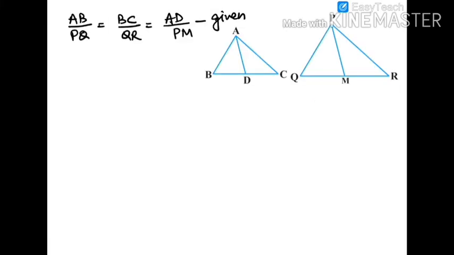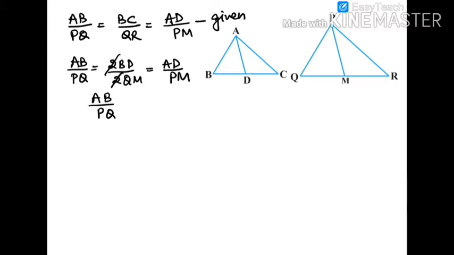Replacing BC and QR, we get AB upon PQ equal to 2 times BD upon 2 times QM equal to AD upon PM. So this 2 and 2 cancels. So we are left with AB upon PQ equal to BD upon QM equal to AD upon PM.